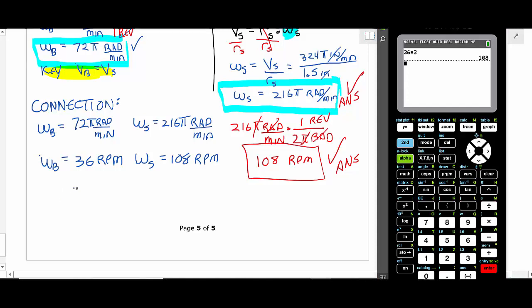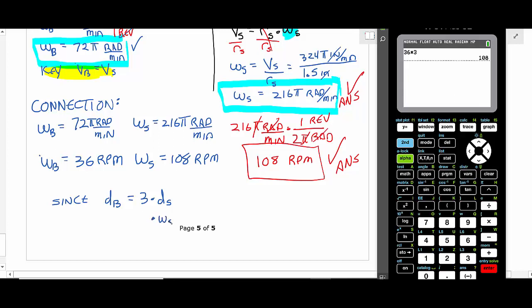All right, so since the diameter of the big was 3 times the diameter of the small, it turned out to be this. I'm going to write this like this.